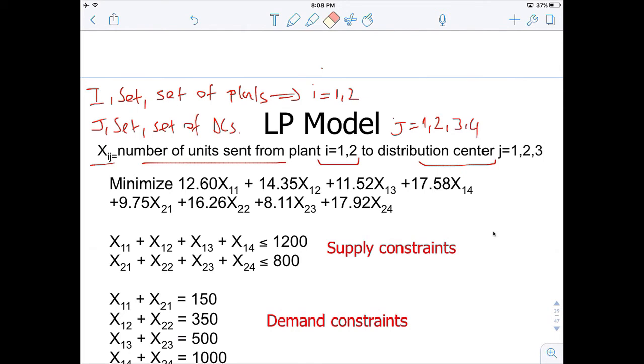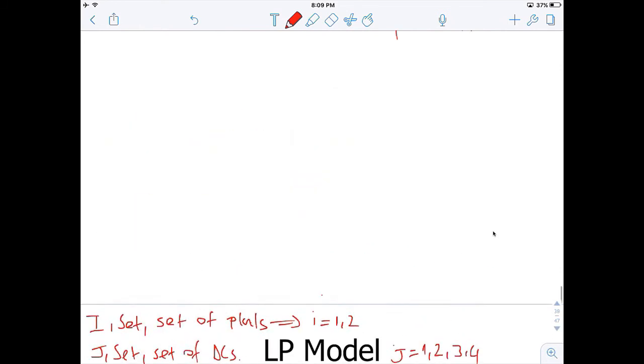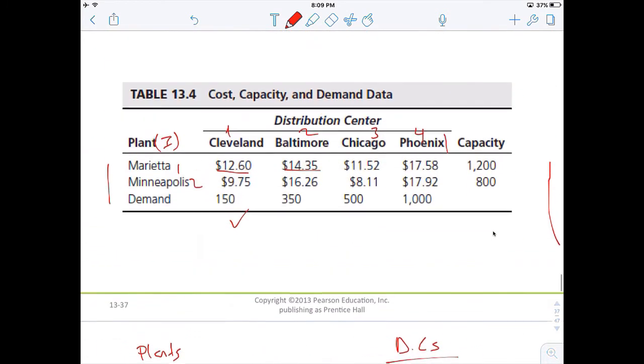The second stage of defining a linear optimization model is to create the objective function. The objective function is to minimize the total cost. The question is whether the function you have here is the total cost. These values, 1260, 1435, 1152, are the cost values grabbed from this table.